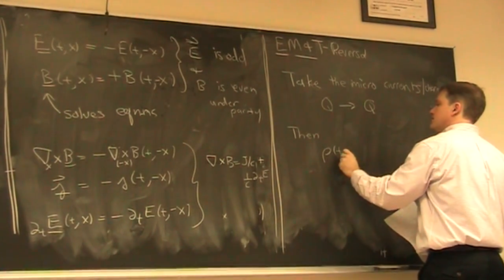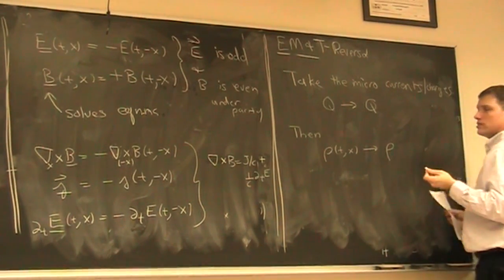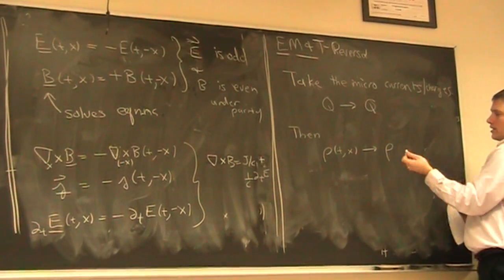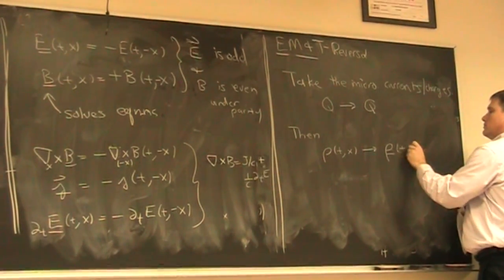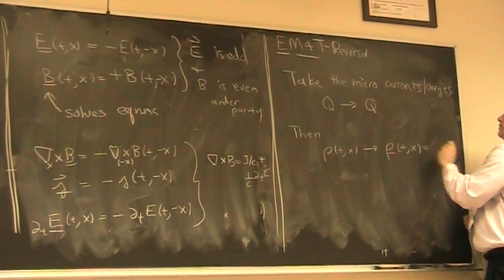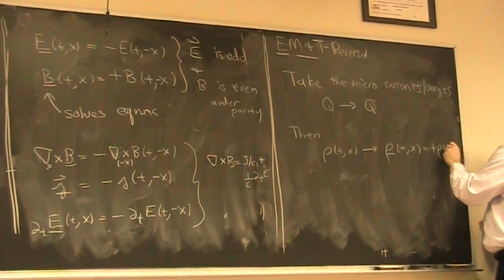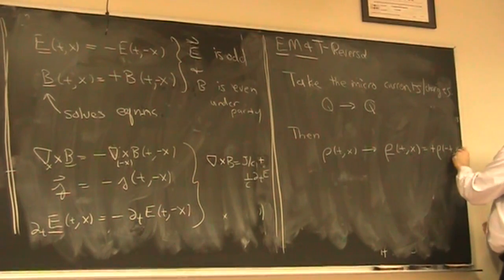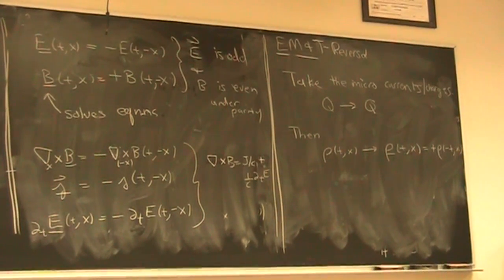Rho of t, x. So we have some charge density. We consider a new charge density, rho bar of t, x, which is equal to plus or minus rho of t, x.